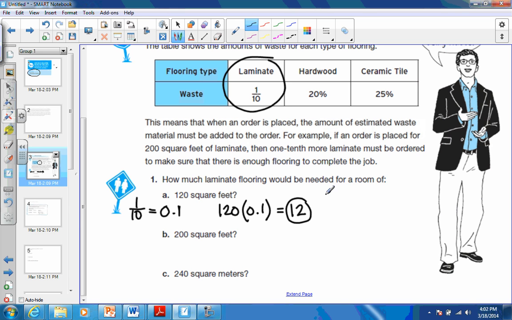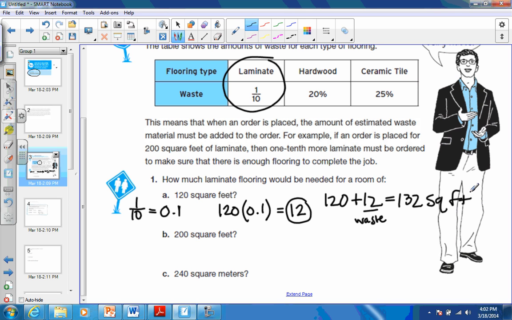So we have 120 plus 12. This is our waste that we just calculated because it's 10% of 120. And that's going to give us our total of 132 square feet.